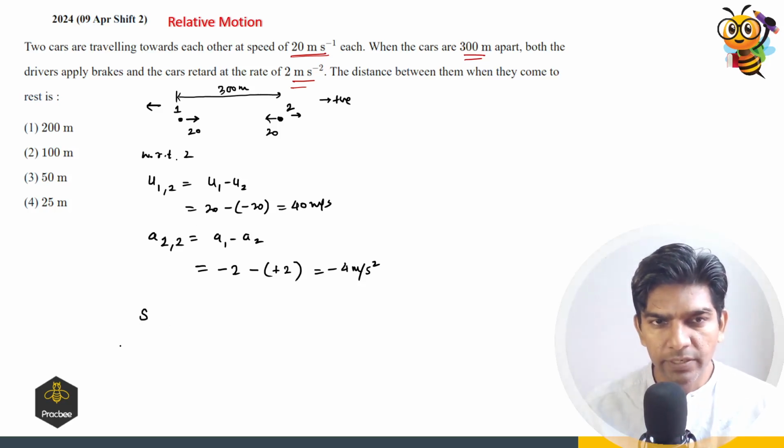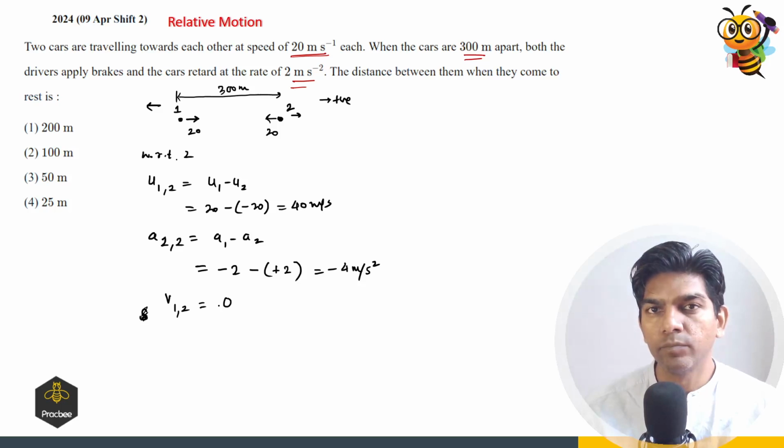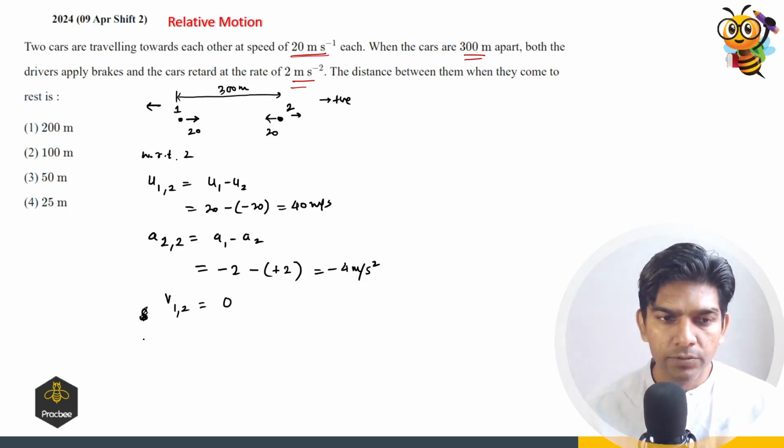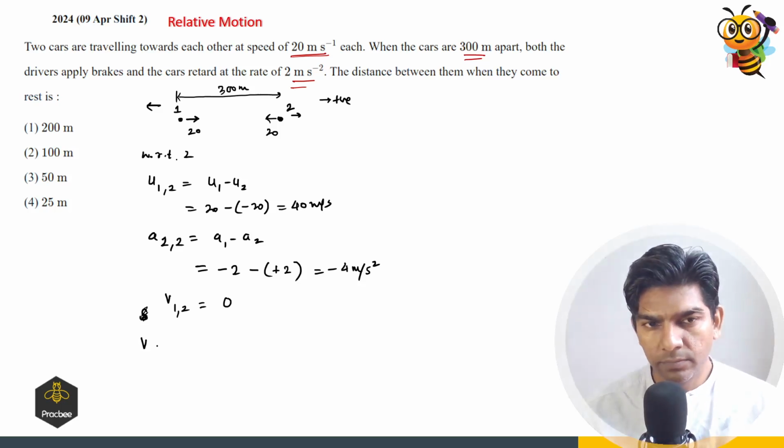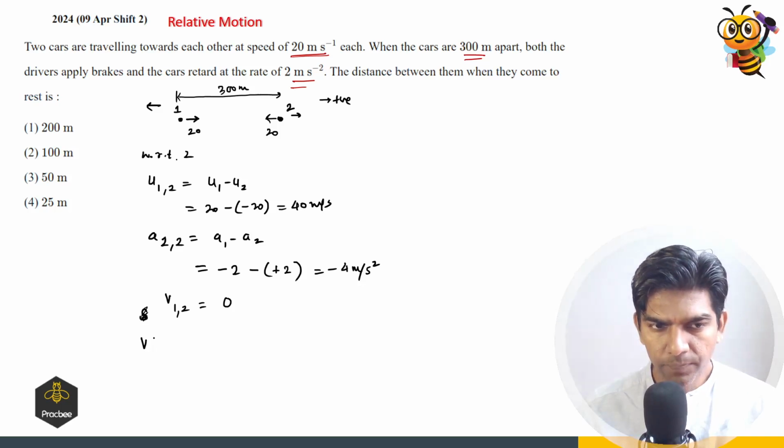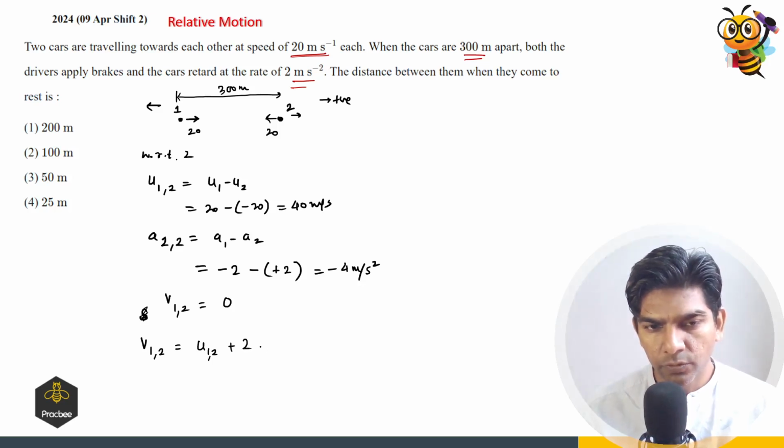So what should be the displacement? Finally, when they come to rest, the final velocity of 1 with respect to 2 will be 0, right? Because both will come to rest. So we can apply the third equation of motion. So v squared of 1 with respect to 2 equals initial velocity squared of 1 with respect to 2 plus 2 times acceleration of 1 with respect to 2 times displacement of 1 with respect to 2.